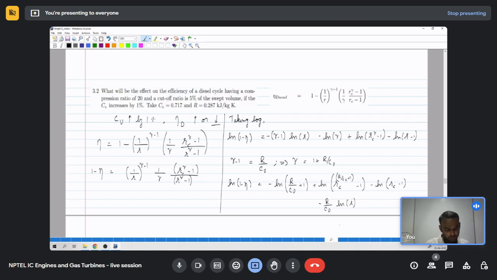Okay, so we have got some expression after taking ln and substituting the value of Cv instead of gamma.